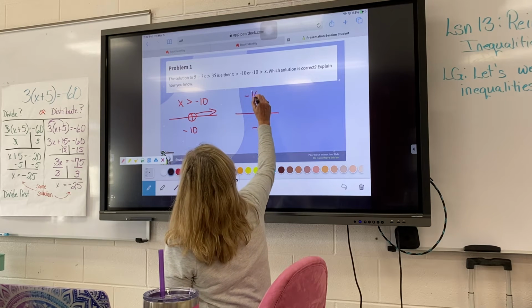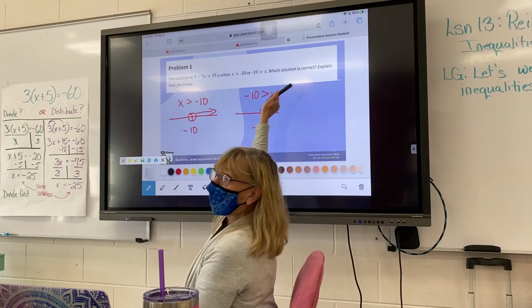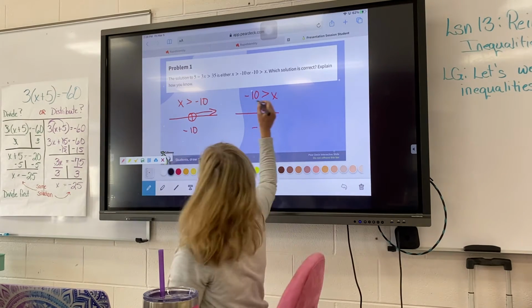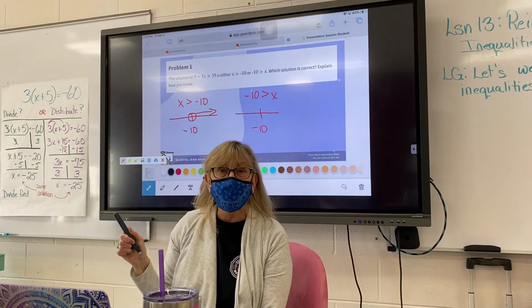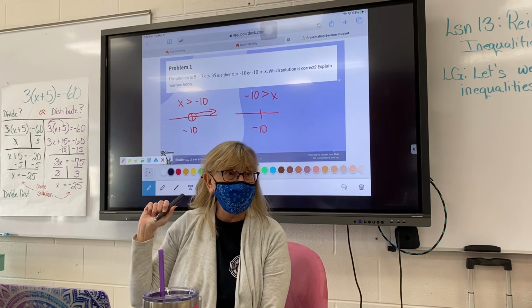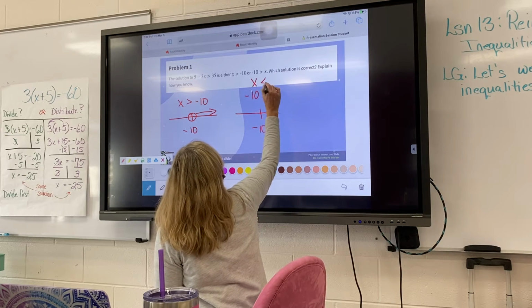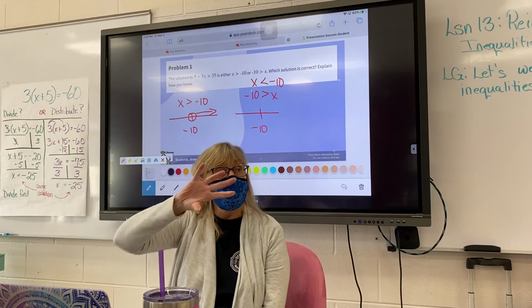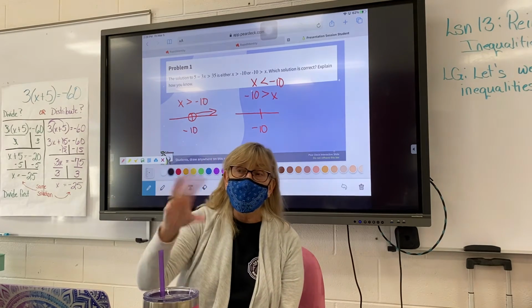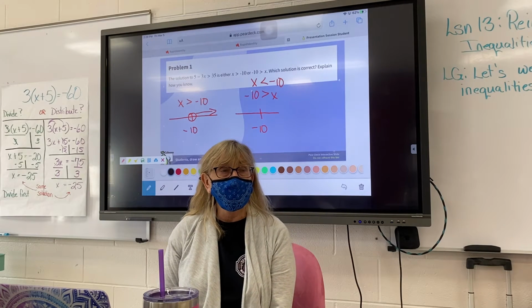What is this saying? Negative 10 is greater than x. I don't like it when the variable's not on the left-hand side for graphing, because to me that's thinking backwards. This is really saying x is less than negative 10. If I flip the inequality, I have to flip the sign. Okay?